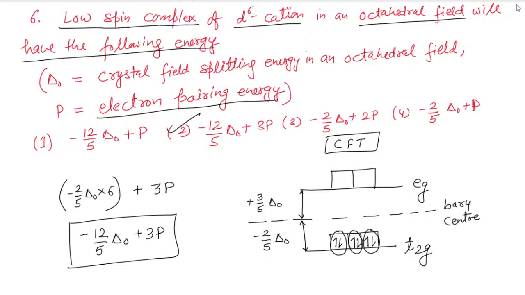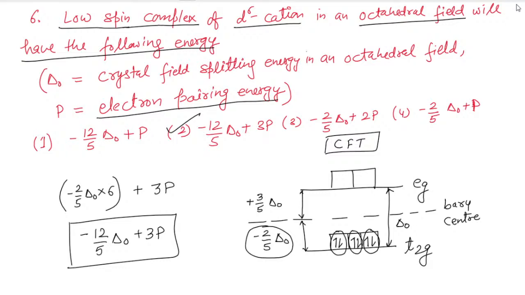Is it okay? See, crystal field splitting energy is given to you, that is delta O, and from the very center t2g is minus 2 by 5 delta O, and eg is plus 3 by 5 delta O. So just multiply minus 2 by 5 delta O into the number of electrons, that is the energy in terms of delta O, and as 3 pairs of electrons are there, so 3 into the number of electrons paired.